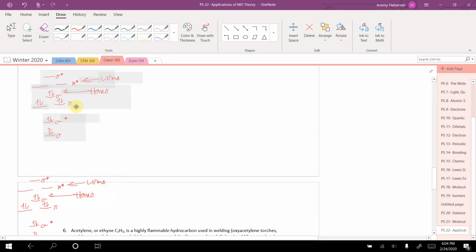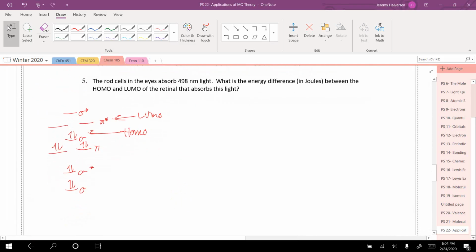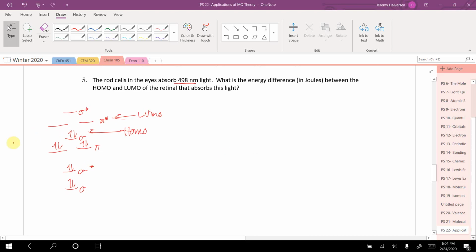So we've got this picture of a molecular orbital theory diagram, and we have the HOMO and we have the LUMO. Now, if we're absorbing 498 nanometer light, that means that a photon is coming in. I'll draw in a different color. The photon is coming in, hitting these electrons and bumping them up, exciting them to the next energy level.